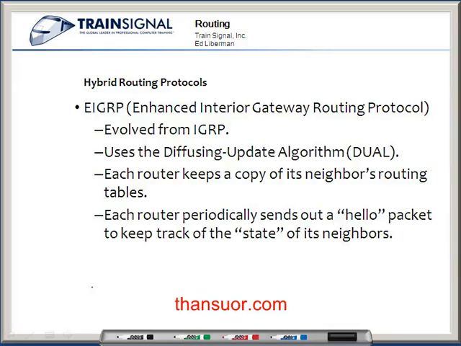But basically the way it works is that each router keeps a copy of its neighbor's routing tables so as to work a little bit like a distance vector routing protocol, where it's communicating with its neighbors and keeping track of their routing tables.